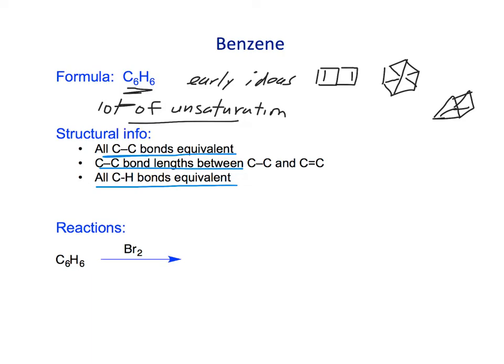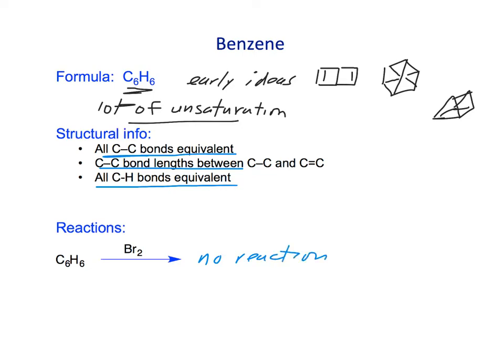So bromine itself is orange. You drip it into a solution with an alkene, it adds to the double bond, and the orange color goes away. So this loss of color was a test for the presence of an alkene. But if you do that same reaction with benzene, it gives no reaction.